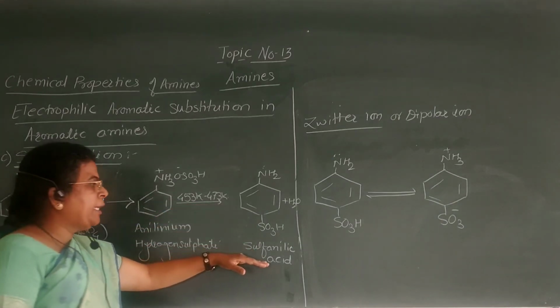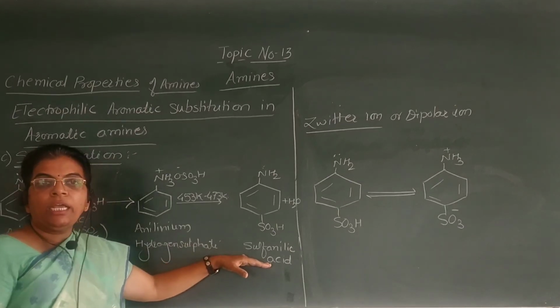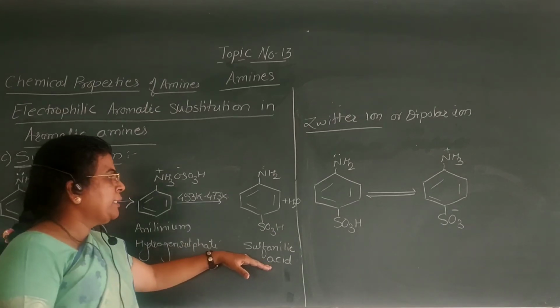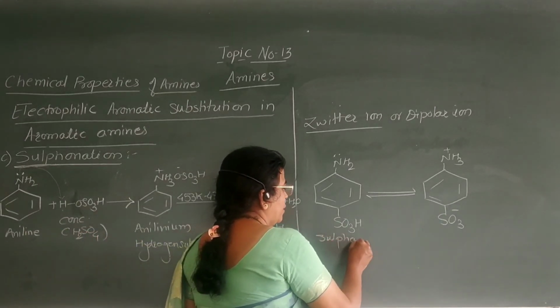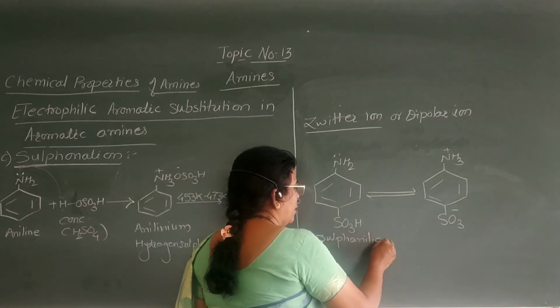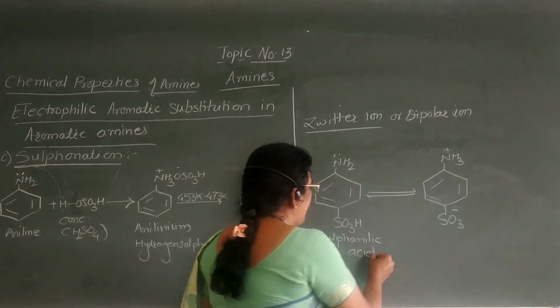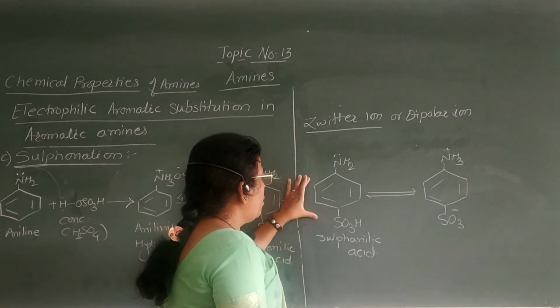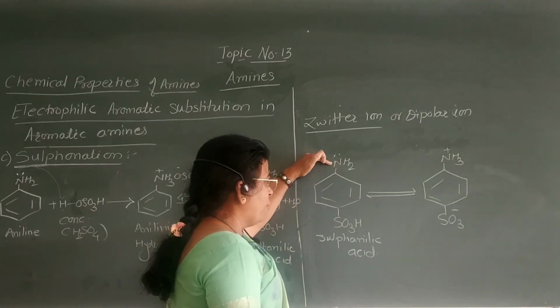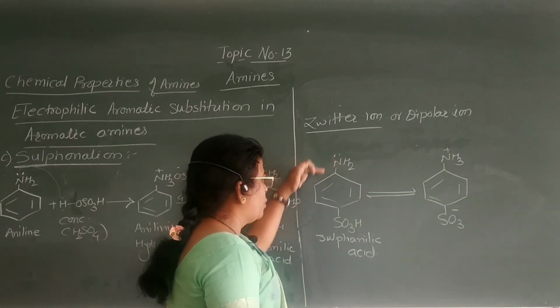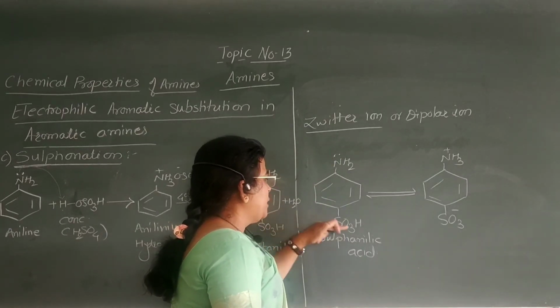This sulfanilic acid can exist as a salt like this. This is sulfanilic acid. It can be converted into salt because in this sulfanilic acid there is one NH2 group, that is a basic group, and one acidic group, that is the SO3H group.